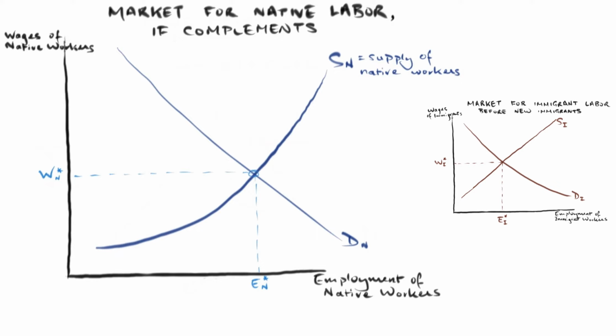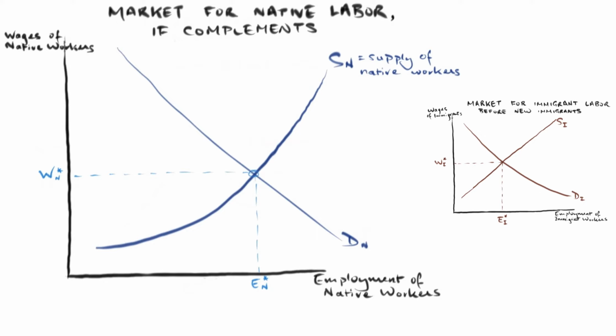Or imagine, in the medical example, that there's a wave of immigrant nurses who arrive in the U.S. Now, of course, they will crowd out the jobs of native nurses, or very likely will compete with native nurses for jobs, being a substitute for the native nurses.